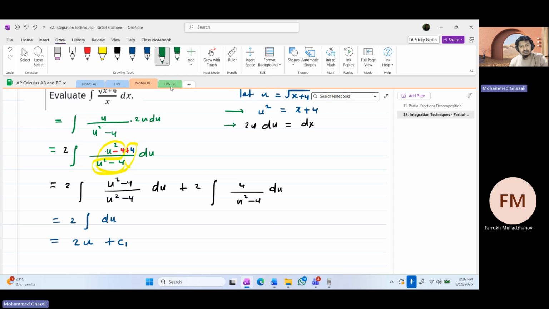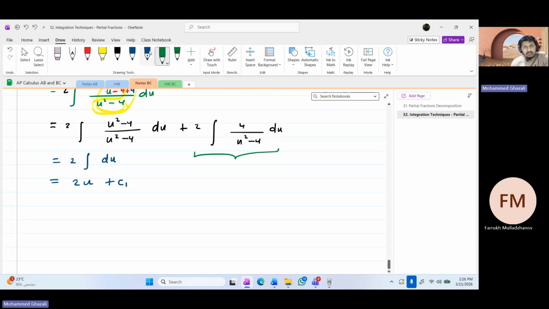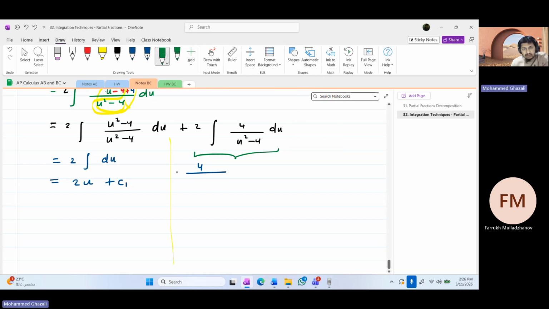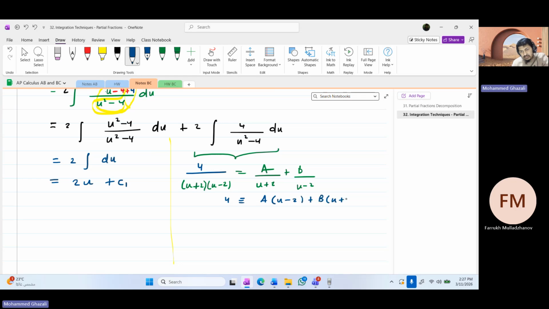Now let's solve this part. Now this part is a partial fraction because that is 4 over u plus 2 u minus 2, which is a over u plus 2 plus b over u minus 2. So that will give us 4 is identical to a into u minus 2 plus b into u plus 2.